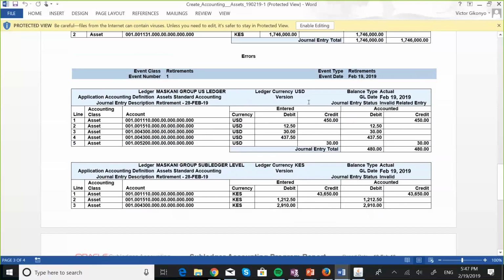So the first line is a credit of 450, which we remember was the cost of the asset. So we are crediting the asset cost. Okay, so we are taking out the asset. That asset had some accumulated depreciation, and here it is 1250.